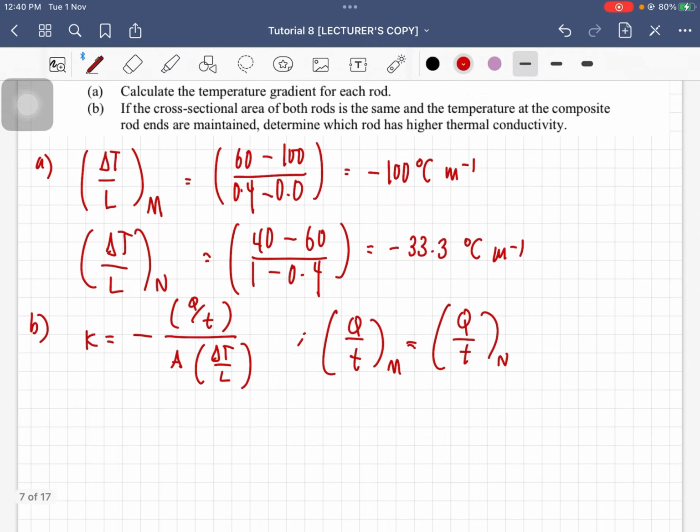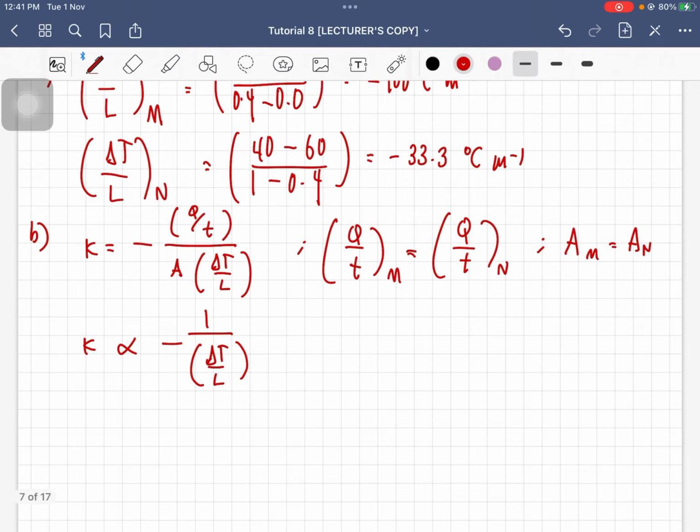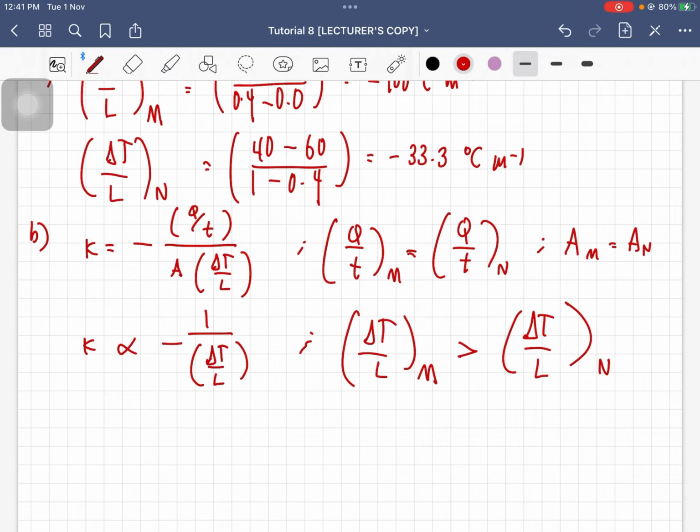Okay, and then since the area is the same for both rods, when we simplify the equation of thermal conductivity, we are left with 1 over delta T over L. Since the temperature gradient of rod M is greater than the temperature gradient of rod N, the thermal conductivity of rod N should be bigger than the thermal conductivity of rod M. So meaning to say, rod N has higher thermal conductivity.